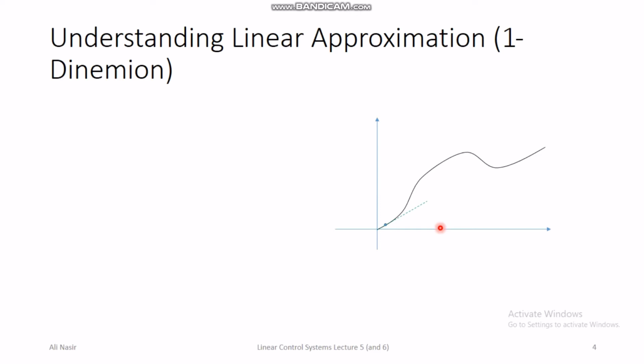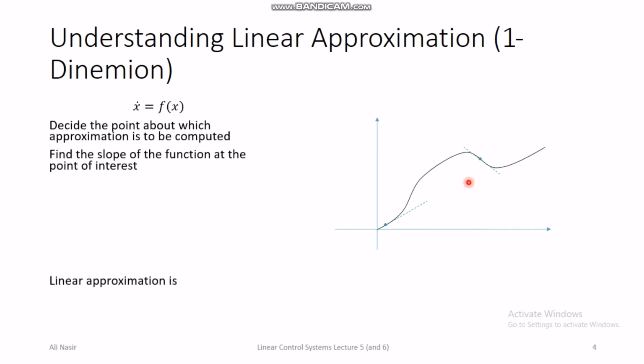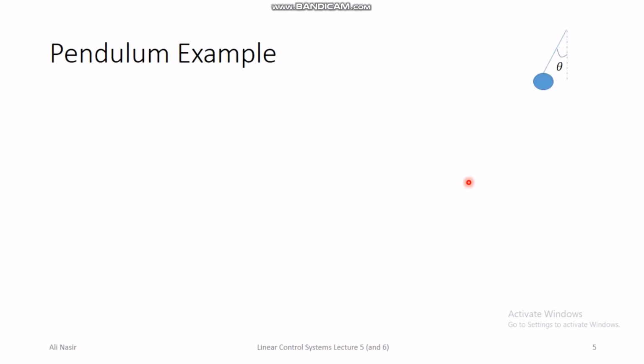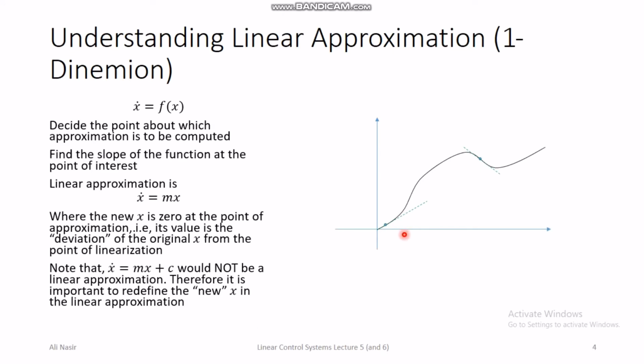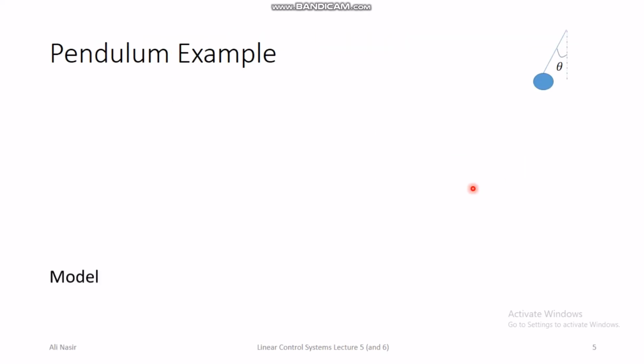But if we confine ourselves within certain ranges, then we should be fine, and that is what is happening in the real world right now. So this was the conceptual slide in which I gave you the concept in one dimension, where we pick some point of interest and find the linear approximation by the slope of the function at the point of interest.